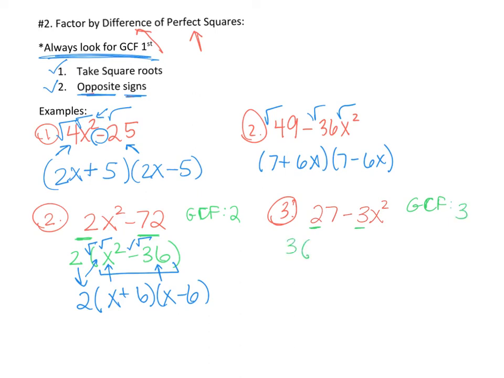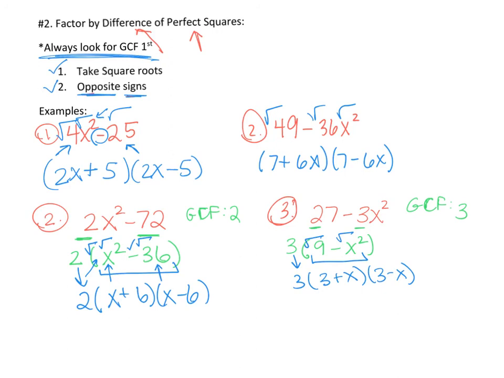So let's divide out by a 3 and then see if we have anything. So now that we take that 3 out, I look again and I say, okay, wait a second. Now it is, because I can take the square root of 9, which gives me 3. The square root of x squared gives me x. One gets a plus, one gets a minus. Oh, and don't forget that GCF in the beginning.